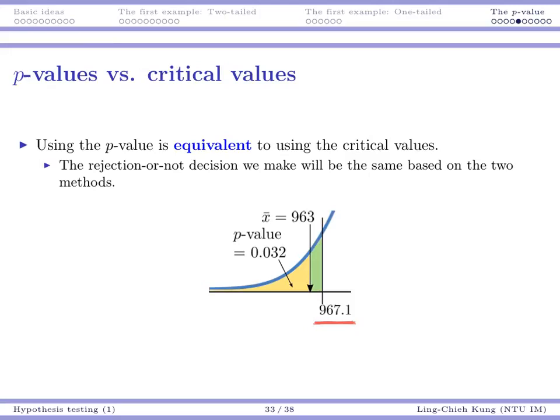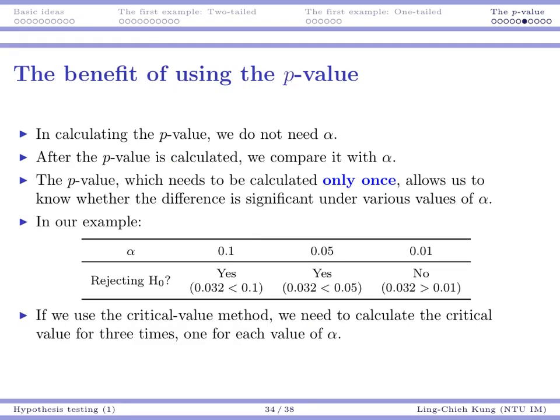So you don't need to worry about whether using the p-value is right or wrong, because the p-value method must also be right. So then if the two methods are equivalent, what's the point of having two methods? Well, before we answer that question, let's talk about the benefit of using the p-value. So first, in calculating the p-value, we do not need alpha.